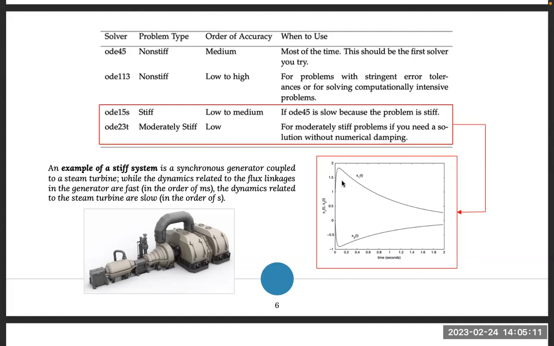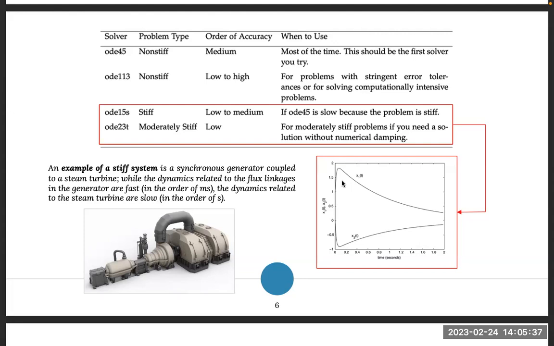So these ones are very slow, in the order of seconds or several seconds. And this one is in the order of tens of milliseconds. So that means that you're going to reach steady state with these ones in the order of 10, 100 milliseconds. But for this one, you can take 20, 30, 50 seconds to reach steady state.